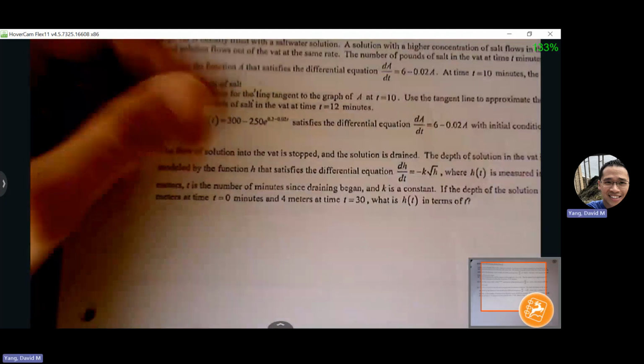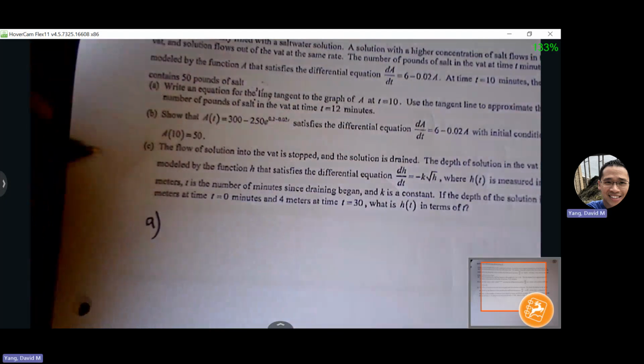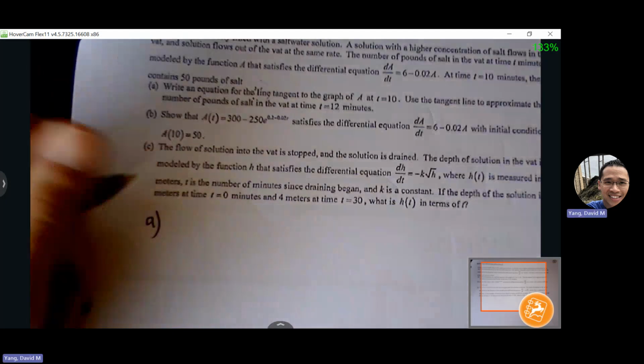So typically, when we do tangent equations, we use x's and y's, which is fine. We can go ahead and set it up that way, but then we have to adjust the variables in our problem, right?